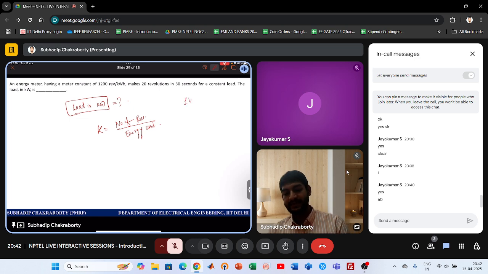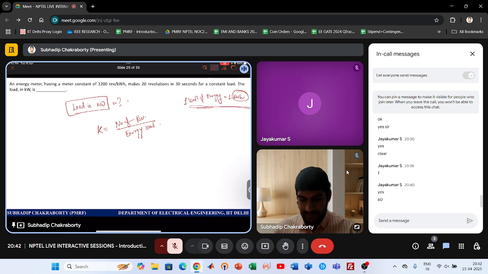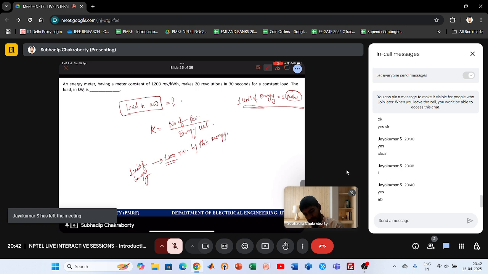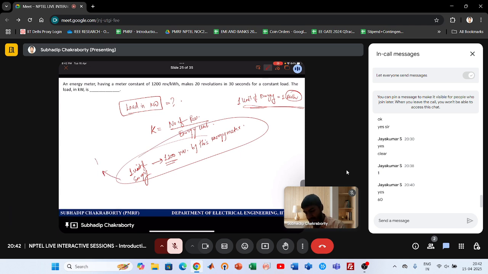And 1 unit of energy is nothing but 1 kilowatt hour. That is how they call it. So if the meter constant is given as 1200, that means to record 1 unit of energy, there are 1200 revolutions by this meter. This is the meaning of meter constant.